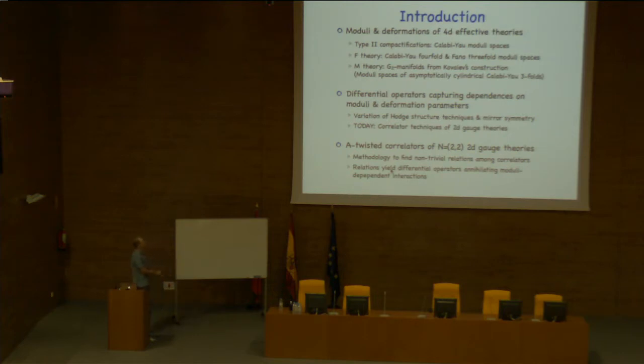So what I would like to be looking at are certain correlators in certain 2D gauge theories that I'll review. And I would like to tell you a method how to actually arrive at non-trivial relations among these correlators, and then use these relations actually to derive differential operators that annihilate certain moduli-dependent quantities.